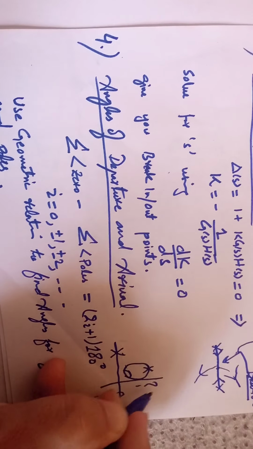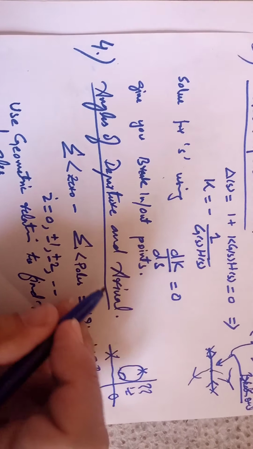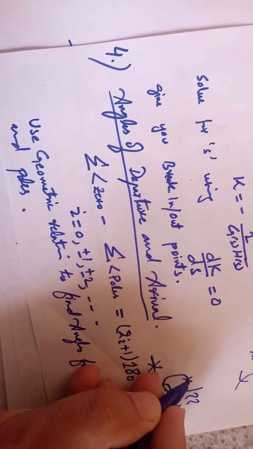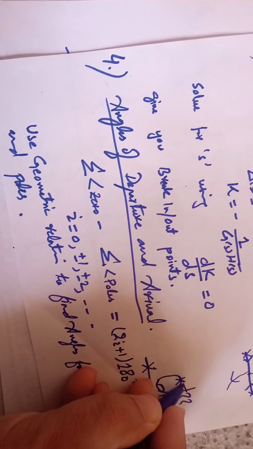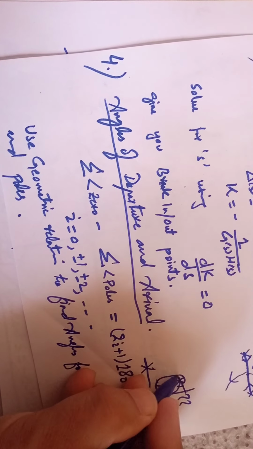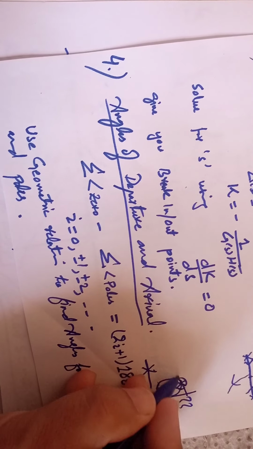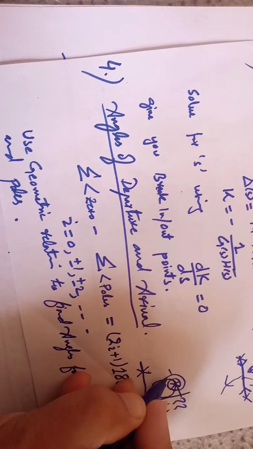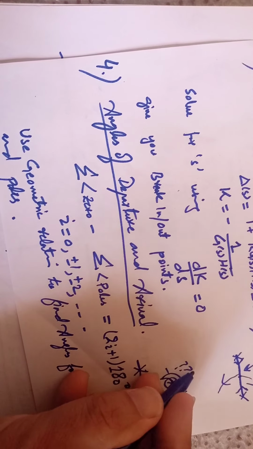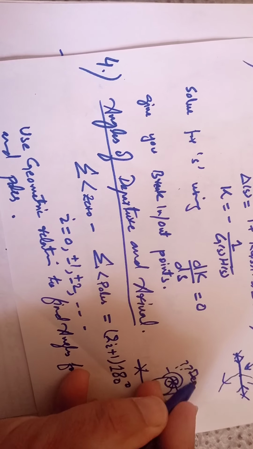This question mark will be answered by the angle of departure, which tells us whether we use this angle or that angle. So this is our question. If we are looking at a pole, it is known as the angle of departure.